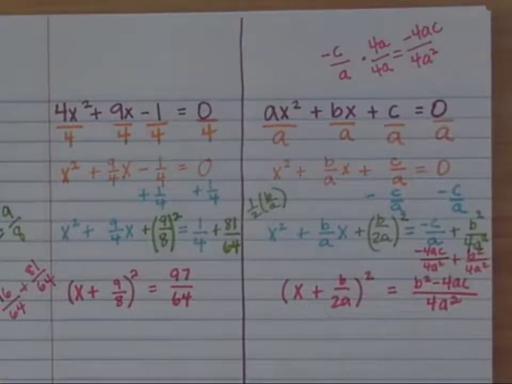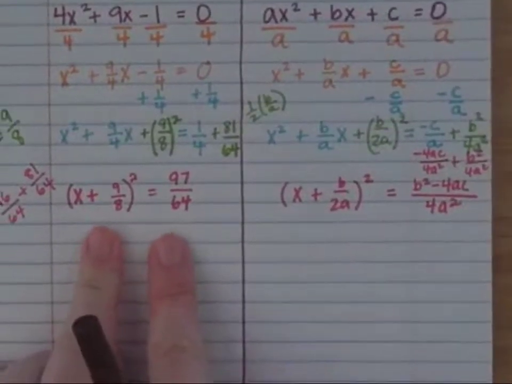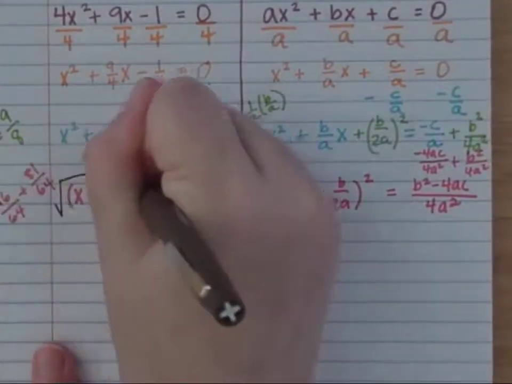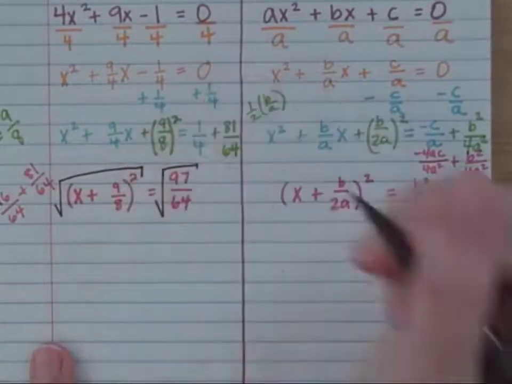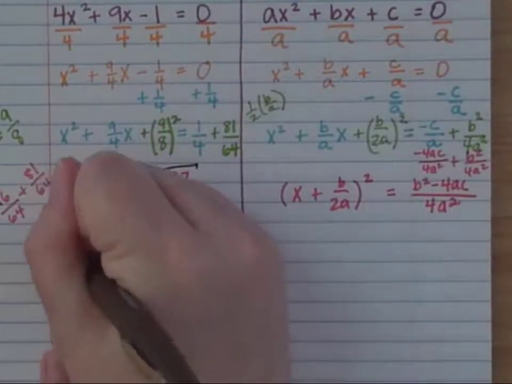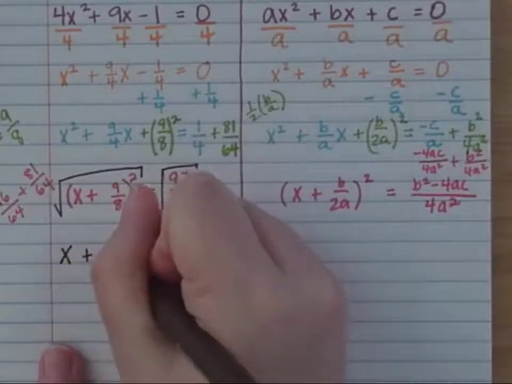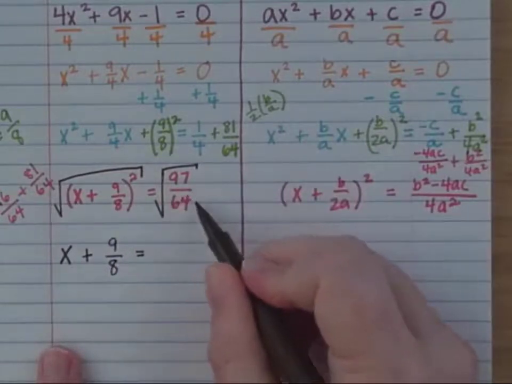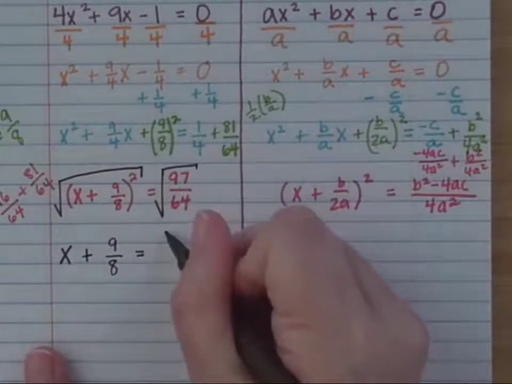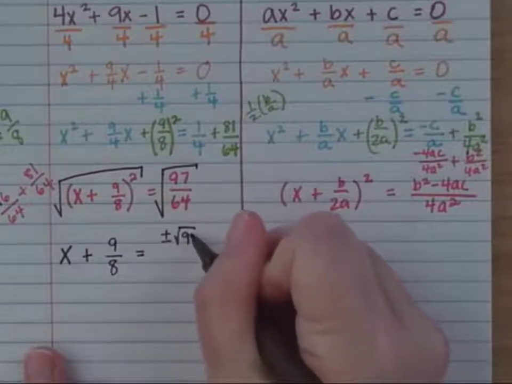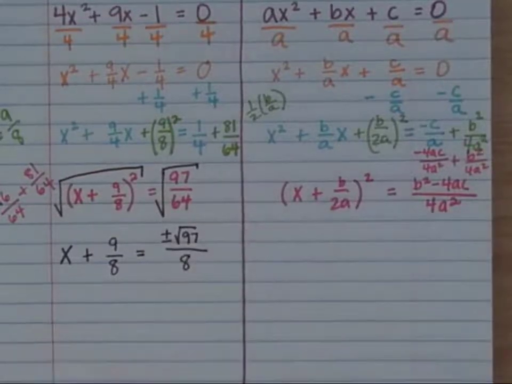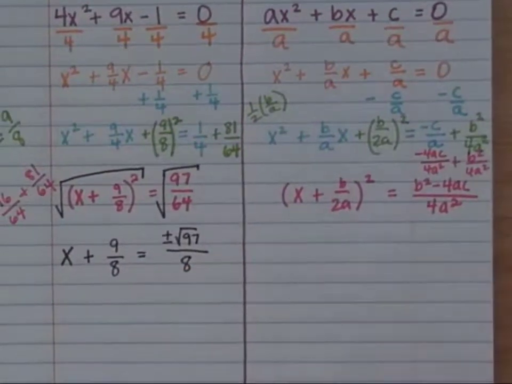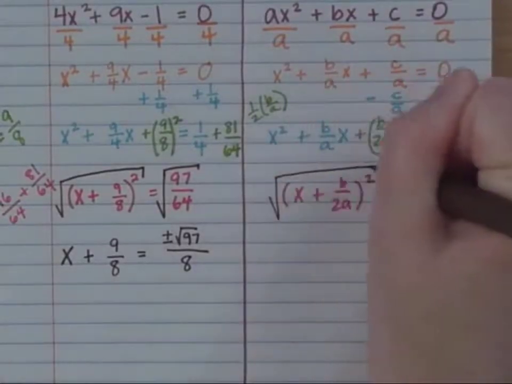My next step over here, back over here, in completing the square would be to take the square root. And I can take the square root of 64, but I can't take the square root of 97. That's okay because we're still dealing with common denominators over here. So let's do this side.